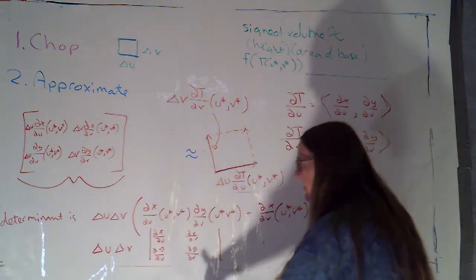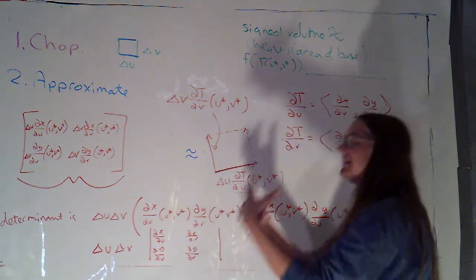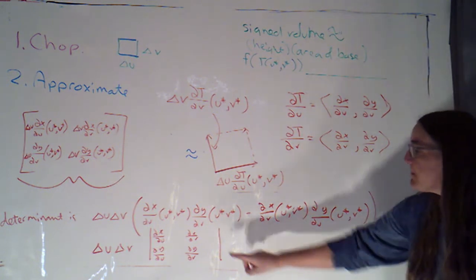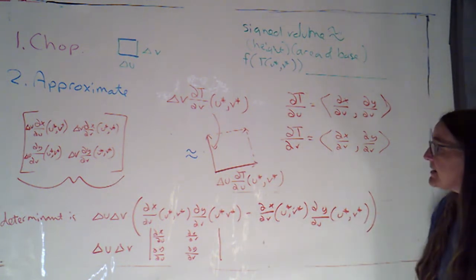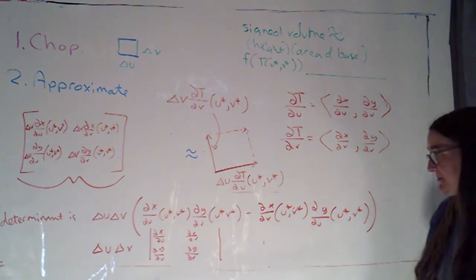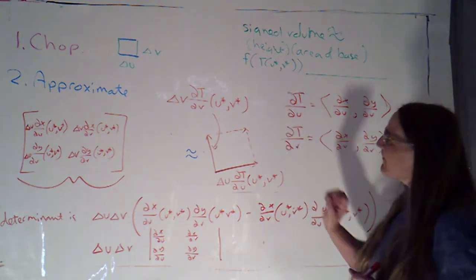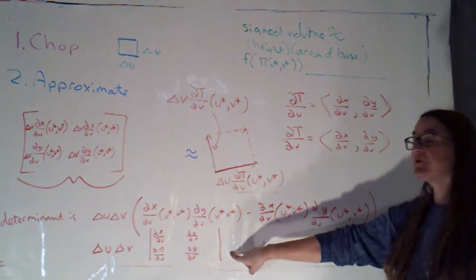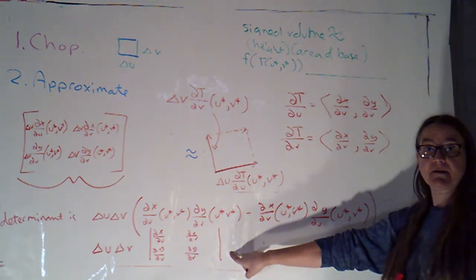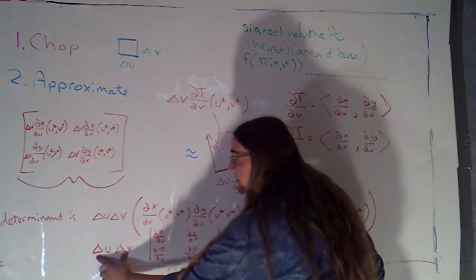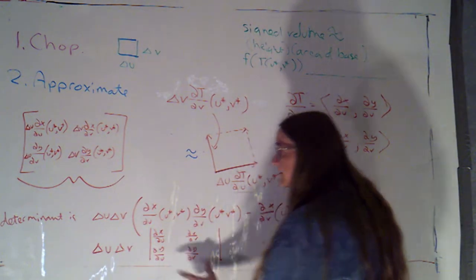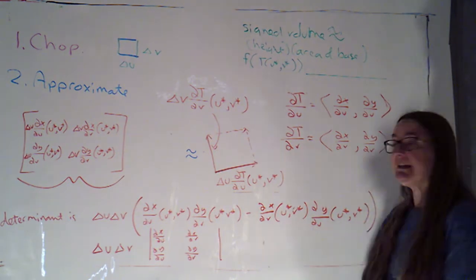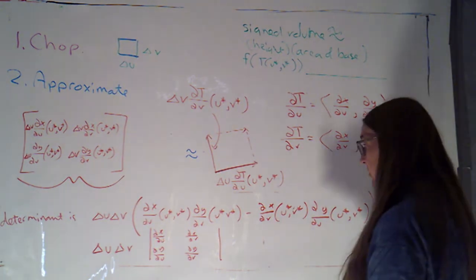U and v, what we're mapping from, correspond to the columns. So that's my determinant, and I'm going to approximate that the area of my region is the area of this parallelogram, which would just be the absolute value of that. Now, this, of course, is positive. Determinants of matrices could be positive or negative, so I'm going to need to take the absolute value of that.